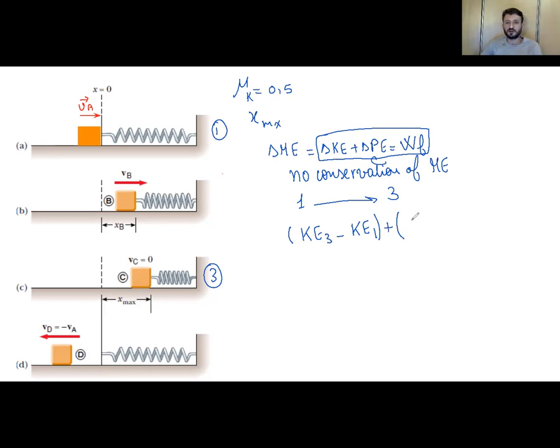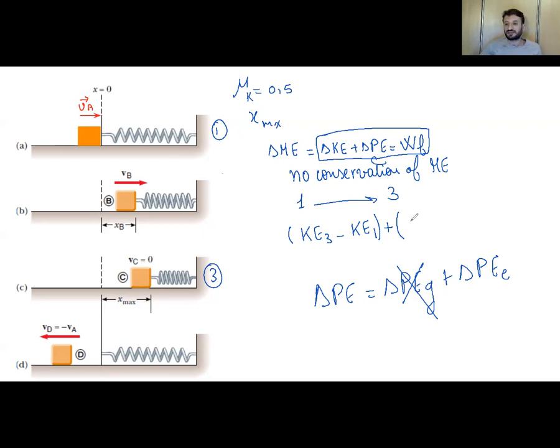Here I don't talk about the gravitational potential energy, because in general delta potential energy equals delta potential energy G plus delta potential energy E. Here we don't have height, so we can neglect the PEG. We are talking just about the elastic potential energy.